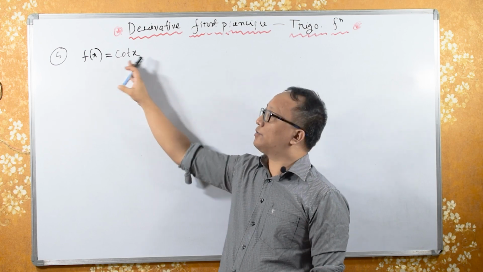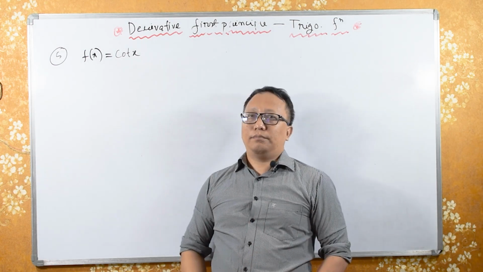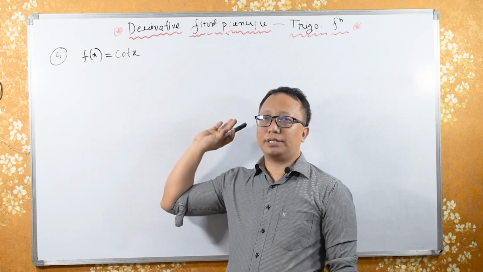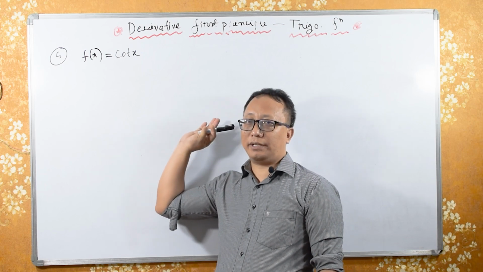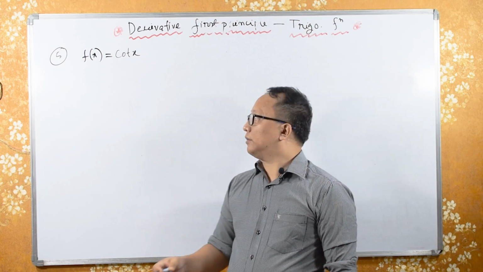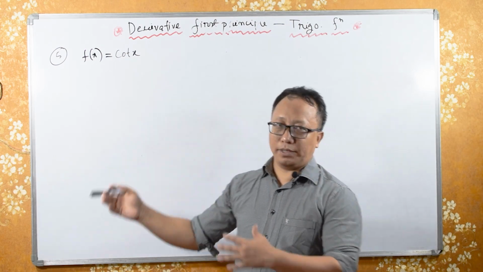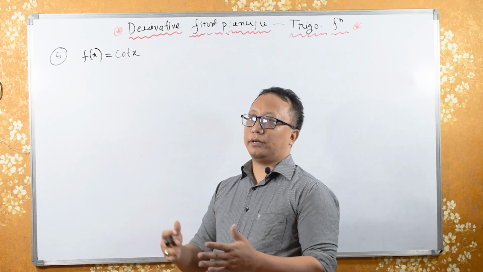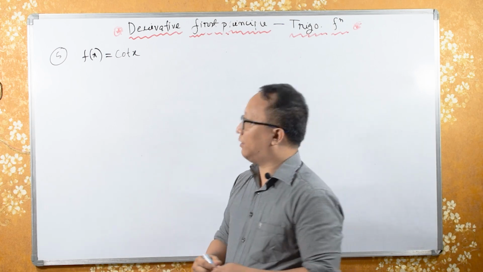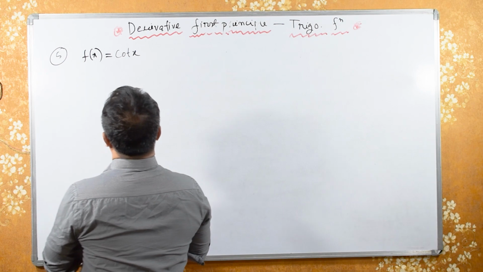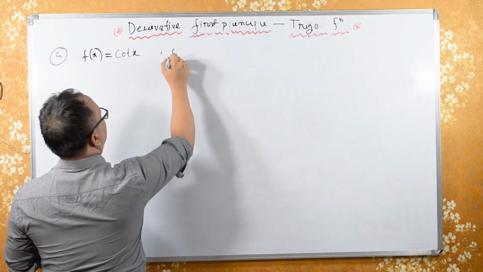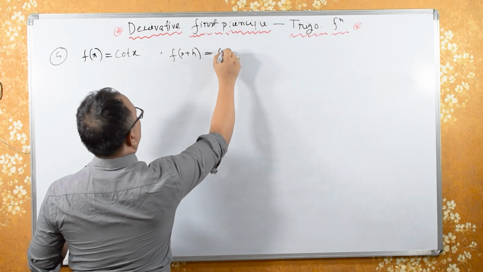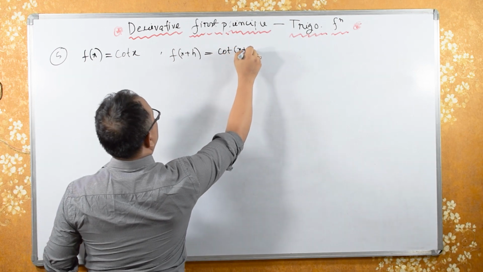Since cot is there, we need to bring it down into either sine or cos, and then by applying sin C plus sin D or cos C minus cos D, we have to split it and try to bring it into sin theta upon theta, where theta tends to 0. Let's see how it works. So now f of x is this. Now f of x plus h will be cot of x plus h.